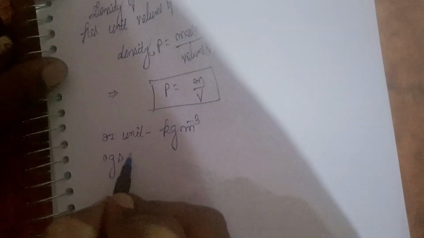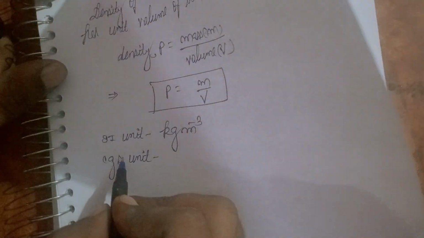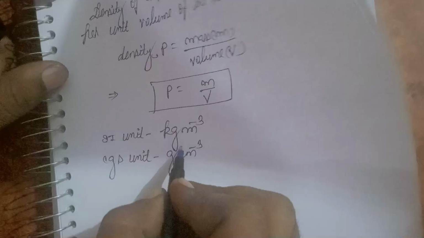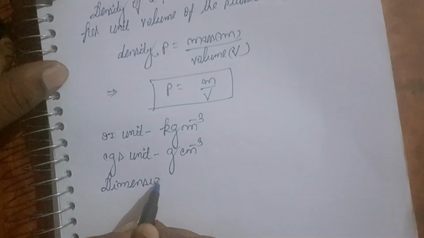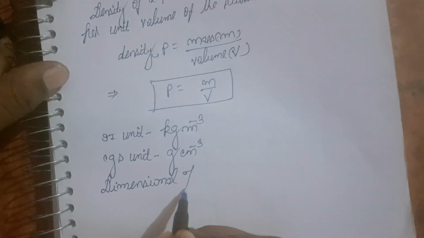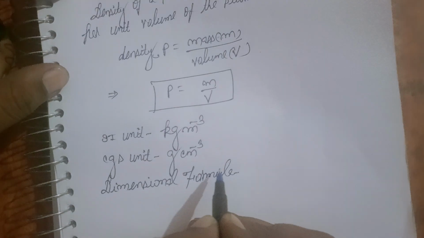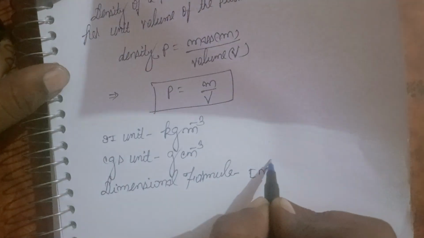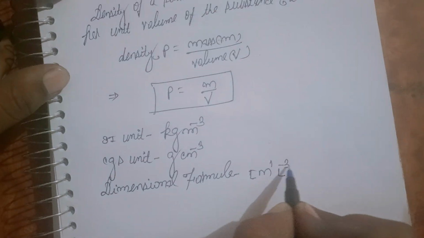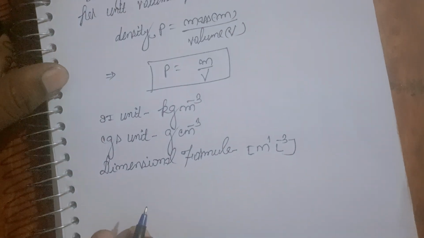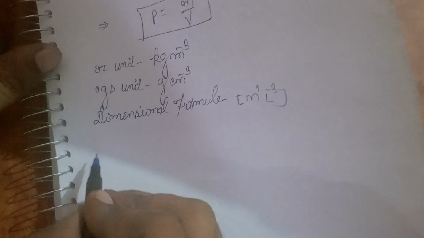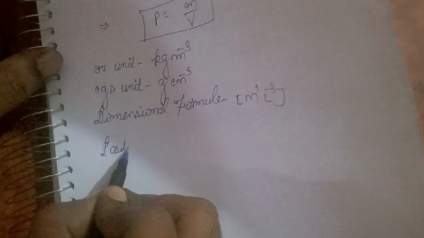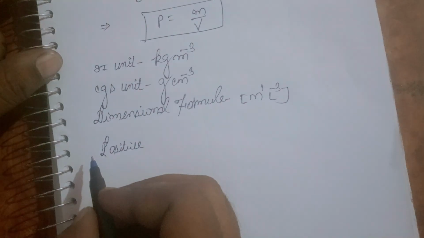CGS unit: gram centimeter inverse 3. Dimensional formula: M L minus 3. Positive scalar quantity.